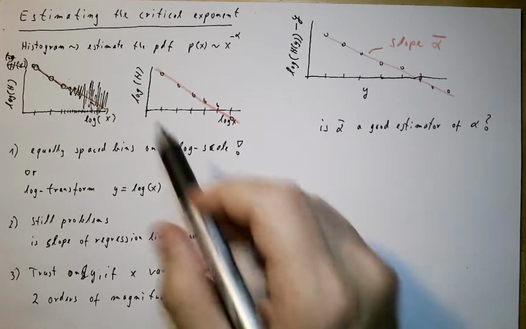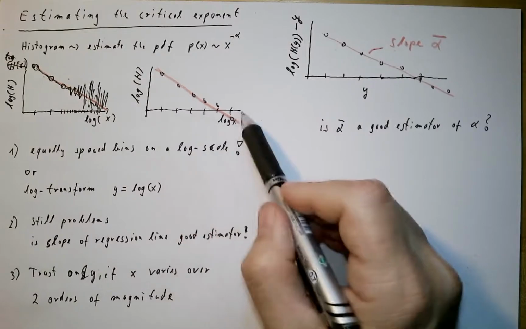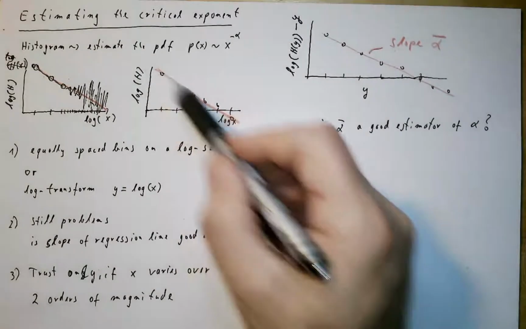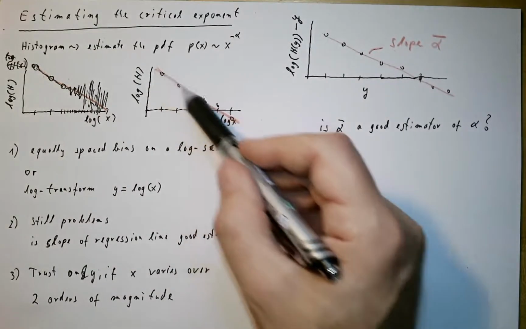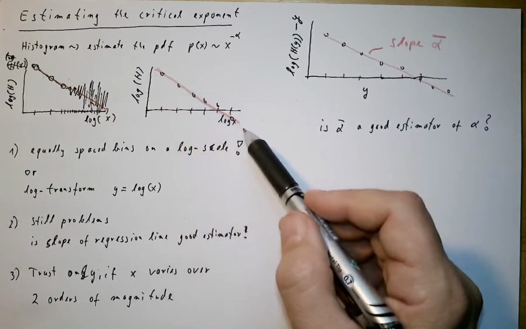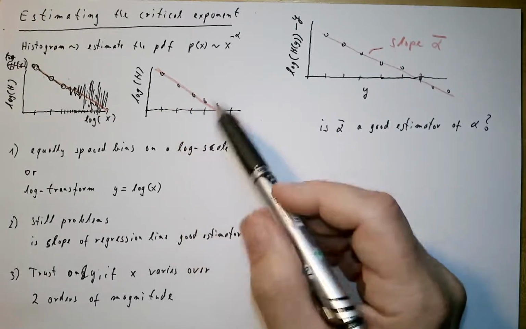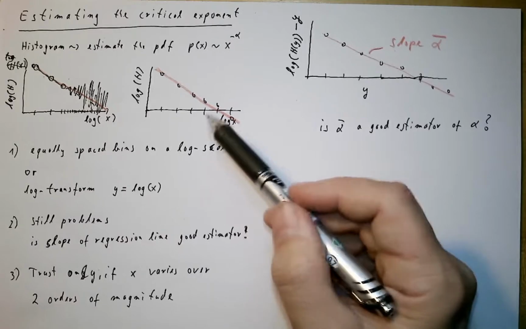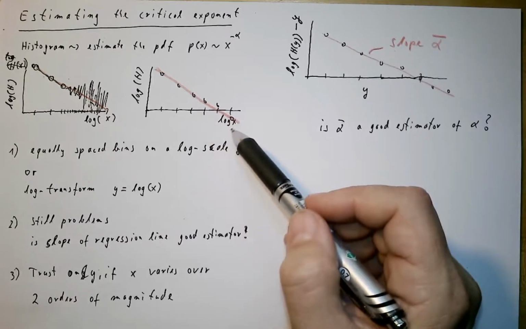This means, for example, your values go from 1 to 100 or something. Then you have 2 orders of magnitude, and if you see a straight line over 2 orders of magnitude, then in practice you could say, okay, that's pretty much a power law.